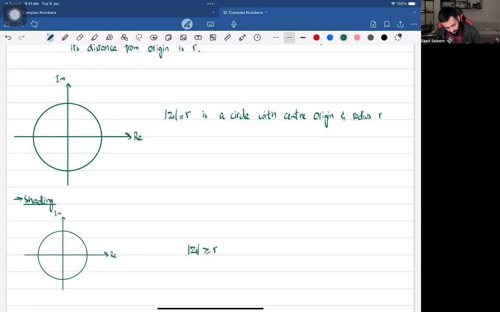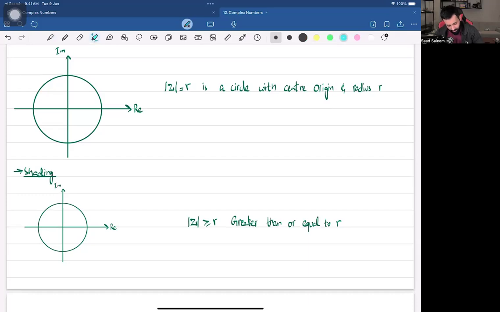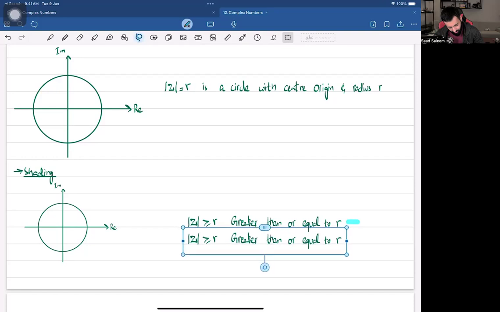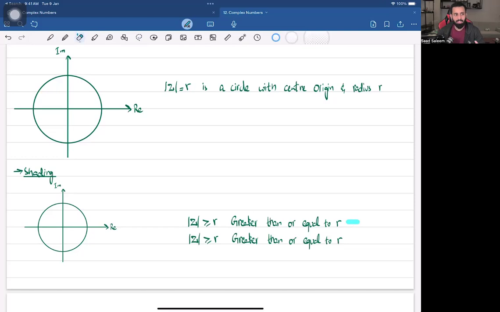What does this mean? Let's write it down: greater than or equal to r. So where should I shade to identify this region? Let's say we're asked to shade this region, and I'm going to do this using the color blue. And let's say you're also asked to shade the region where all the points, and when I say numbers, I mean a complex number, which is a collection of two parts, the real and imaginary, so don't get confused.